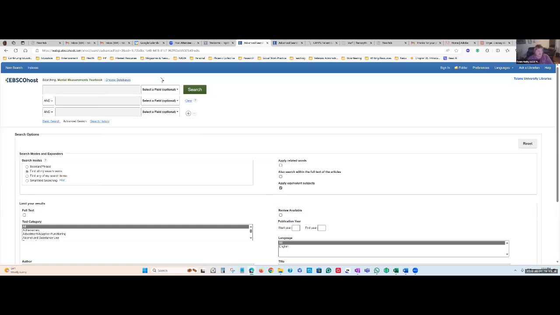For example, if you're familiar with doing searches with PsycInfo, it has all of the same kinds of fields. So if you know the author or the name of a test, you can enter that. If you just want to know the test category, you can enter that. So let's start by, give me a population that you would want to do some survey on.